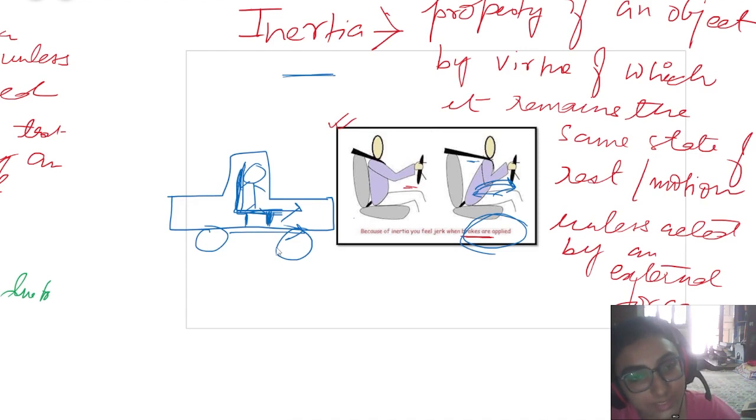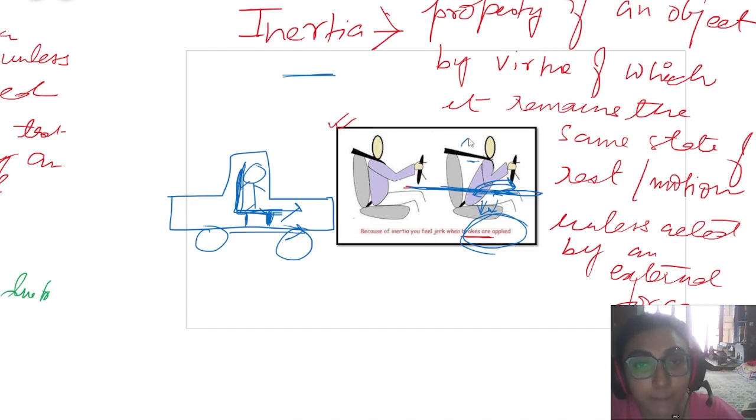As soon as the car brakes are applied, the lower part of your body, let me show you, is still in contact with the seat, right? So it will stop.